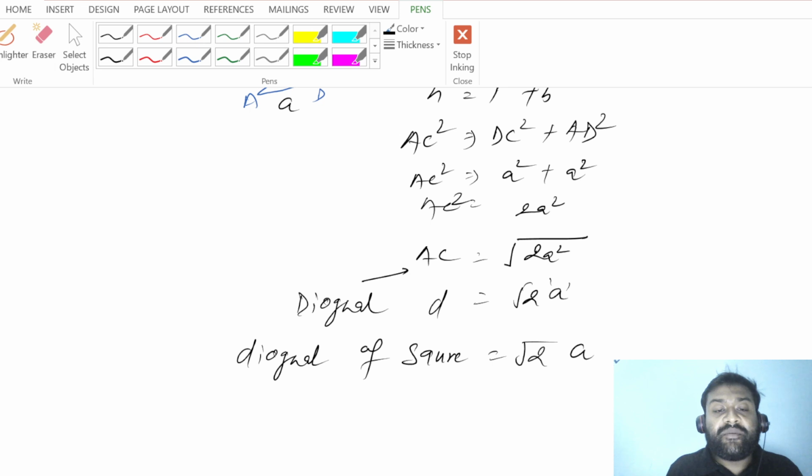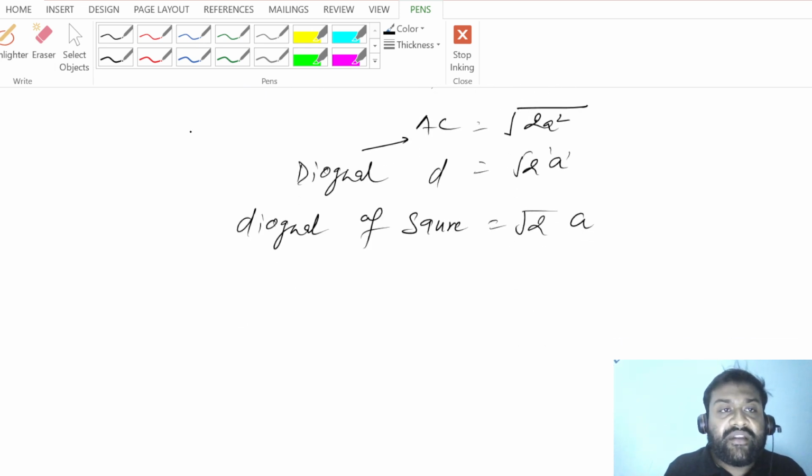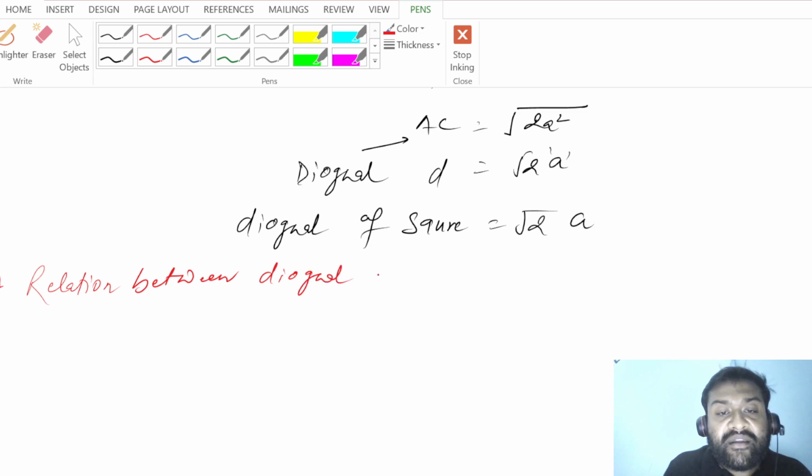Now another one is the relation between the diagonal and the square side. What is the relation between diagonals and a square side?